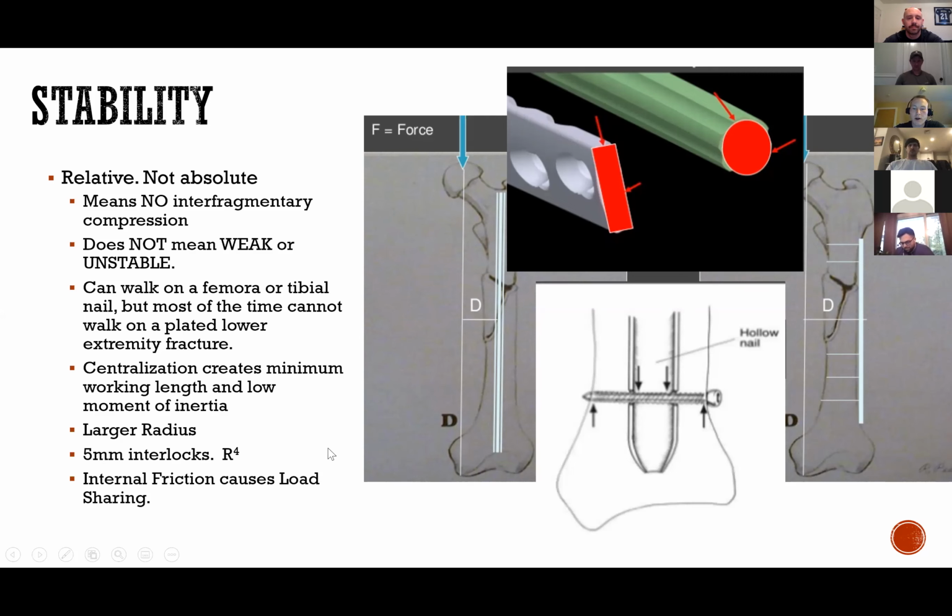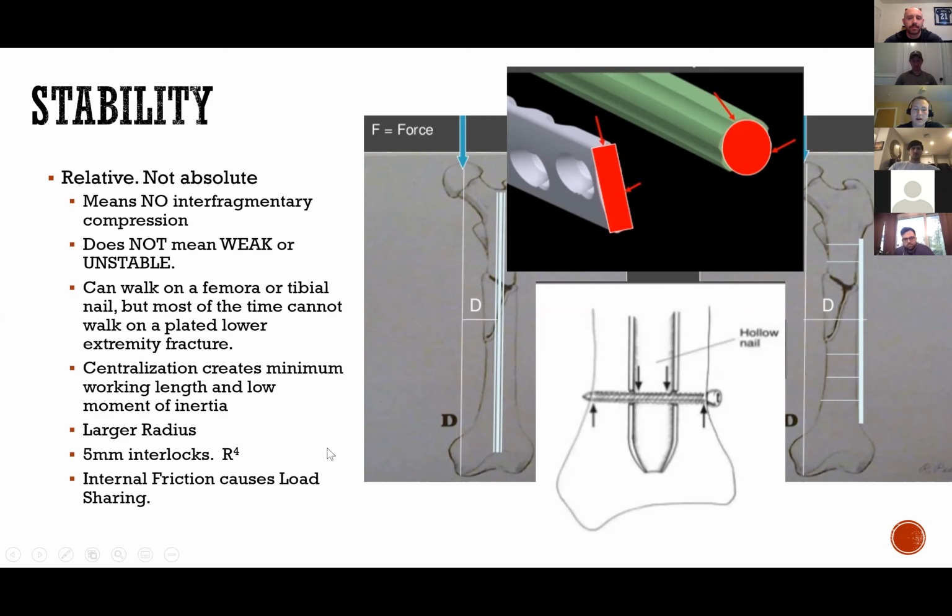And we can talk about how the cross-lock bolts in a nail are much larger than the screws typically used in plates. And as the radius of a cylinder increases, the strength goes up by a power of the fourth. So for instance, a 5mm cross-lock bolt is far stronger than a 4mm screw.